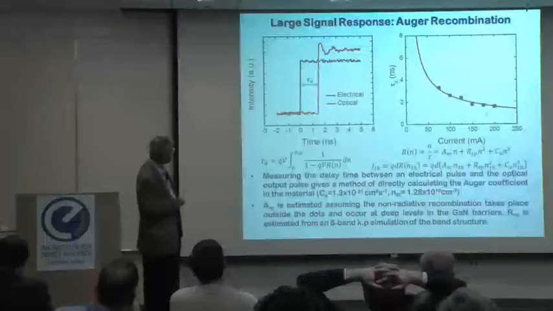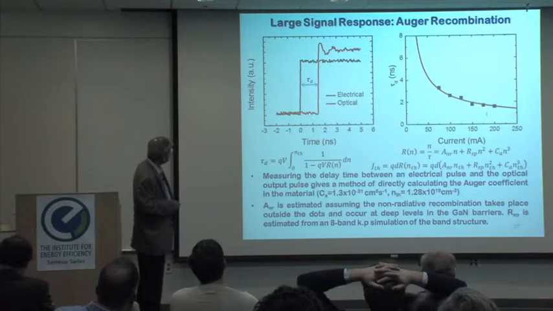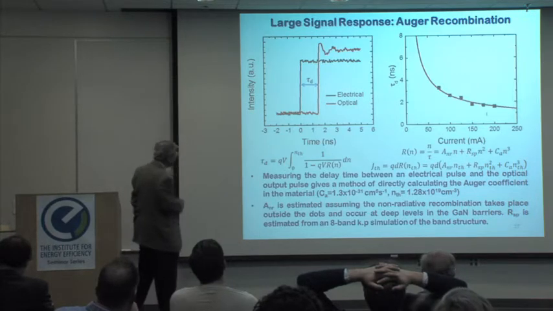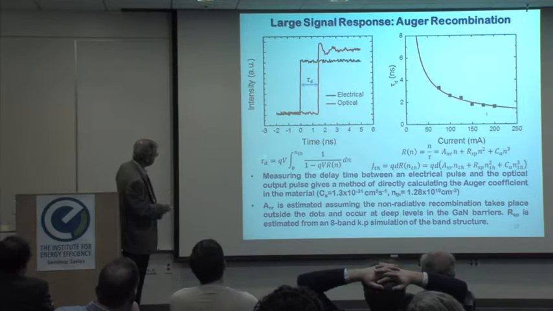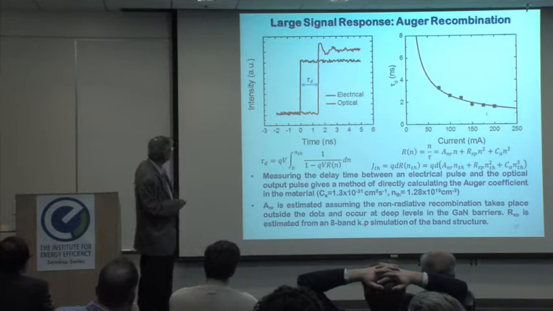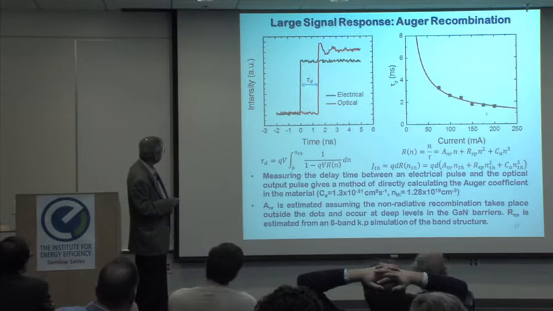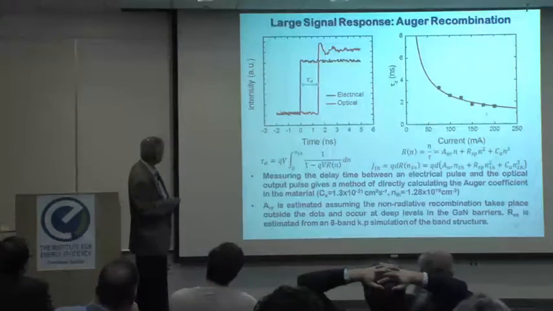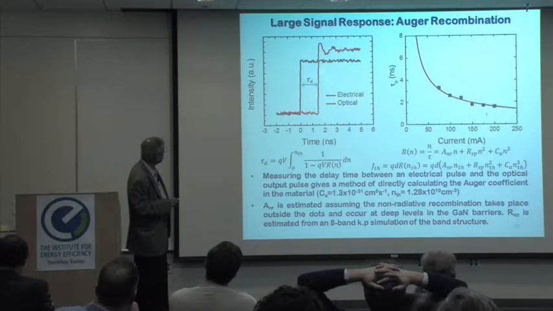And one measurement you can do is measure the Auger recombination. The way you do it is by using this formula, which comes from the rate equations. You do large signal modulation, and you measure the delay between the electrical pulse and the optical pulse.